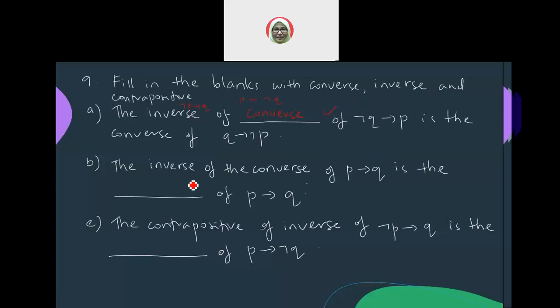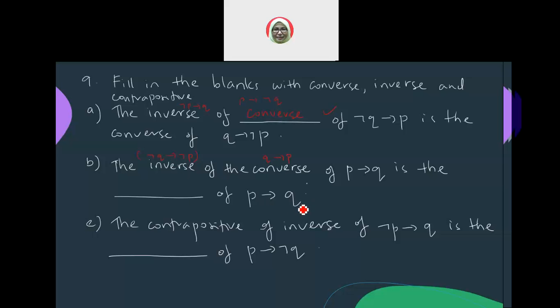So next one, the inverse of the converse of this. Let's find the converse of P implies Q, which is Q implies P. So the inverse of Q implies P is not Q implies not P. What is the relationship between this and P implies Q?